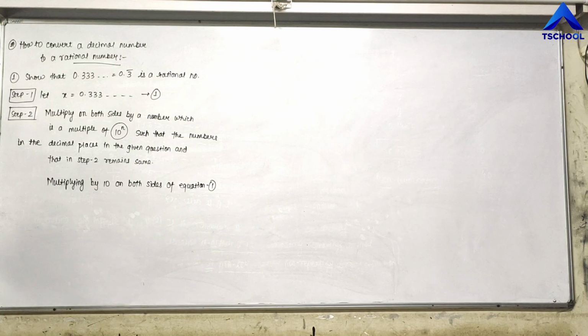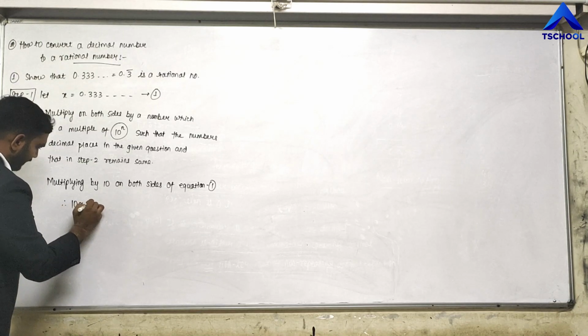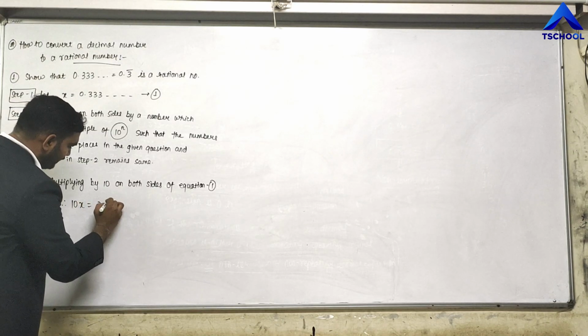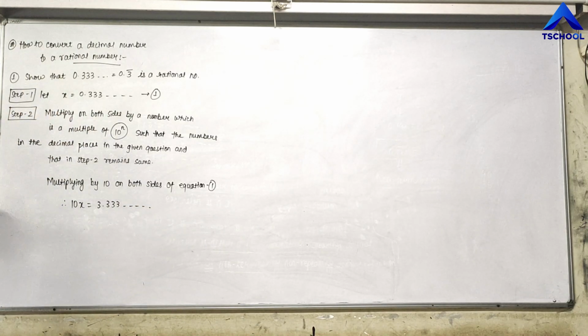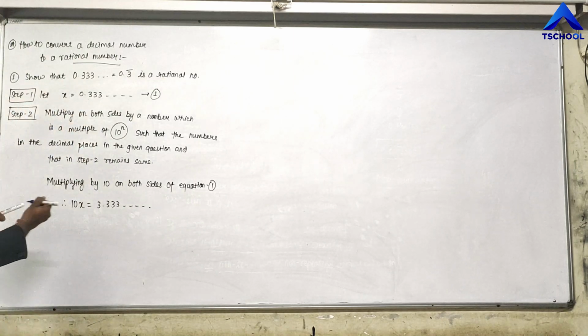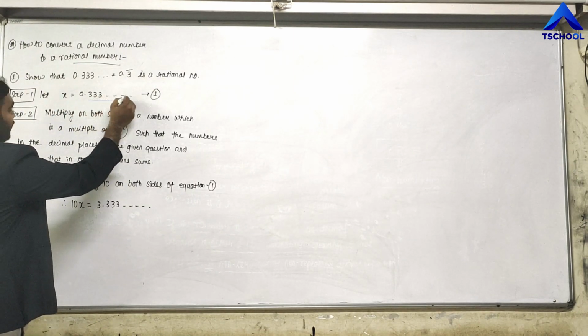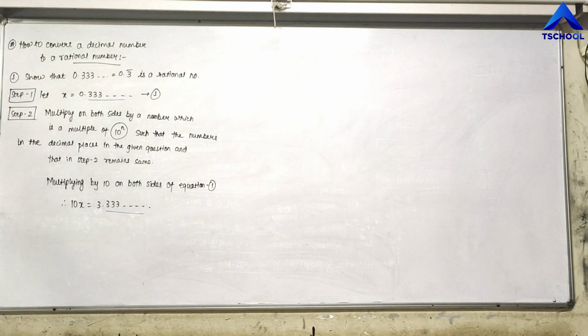Multiplying on both sides by 10 of equation number 1, therefore 10x equals 3.333. See friends, note that what I have done here is I have made the decimal places the same. That means the digits after the decimal point are equal in both the equations.